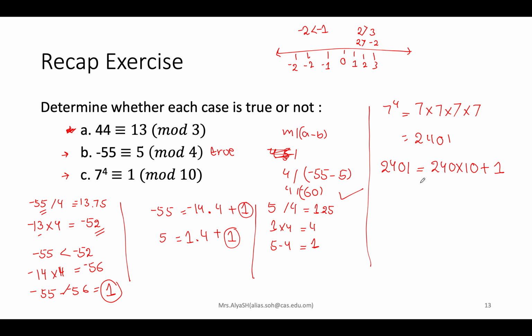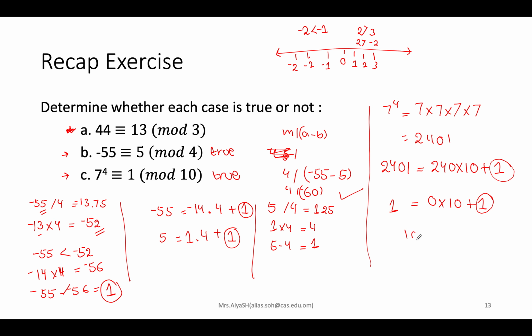Now let's check the second number, which is 1. We said that if the number is less than M, then it is the same remainder. So 1 is equal to 0 times 10 plus 1. Same remainder, then yes, the case here is true. Let's try the second condition.